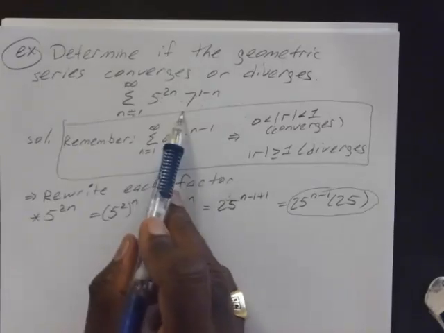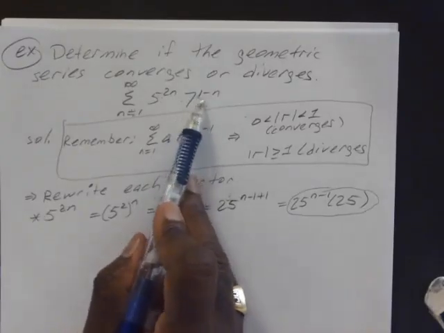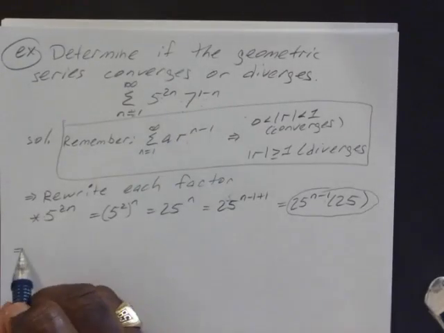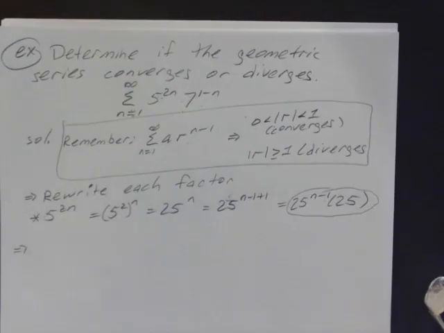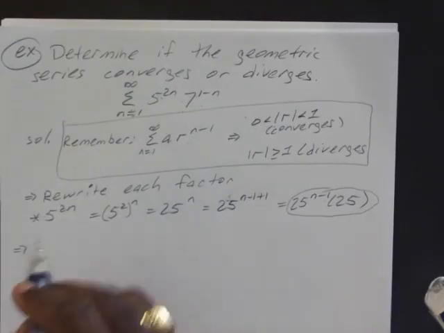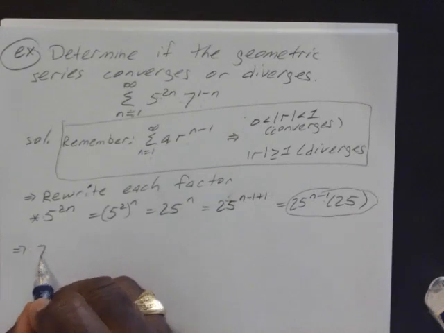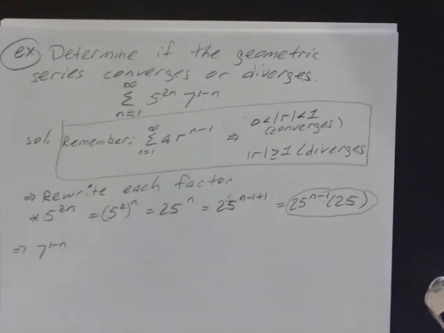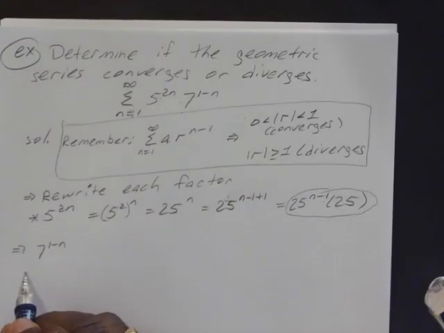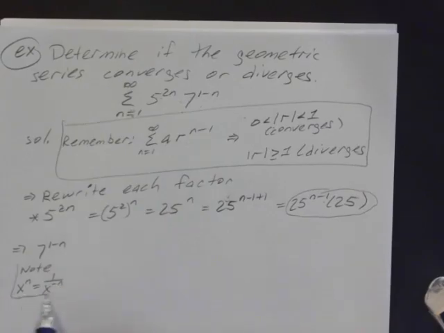And we have to do the same thing for 7 to the power of 1 minus n. If you remember for this one, if we have x to the power of n, that's just equal to 1 over x to the power of negative n. Okay.